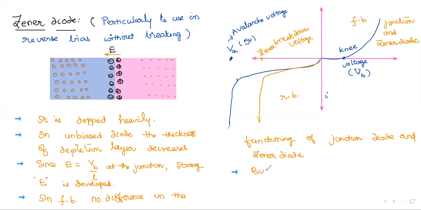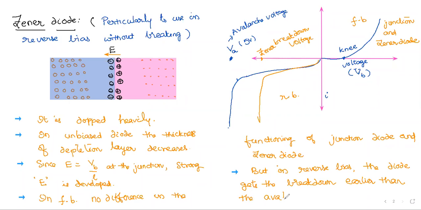But in reverse bias, the diode gets the breakdown earlier than the avalanche breakdown.